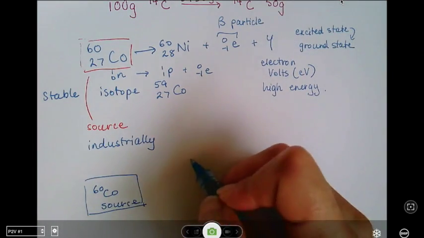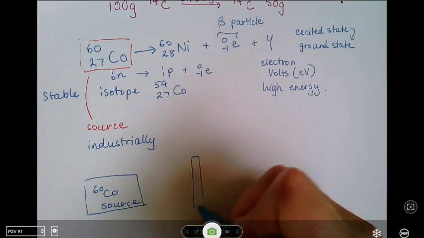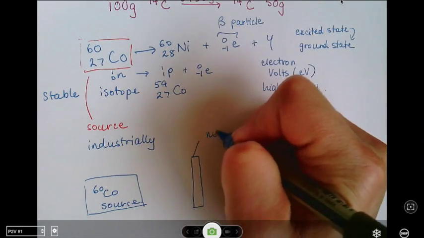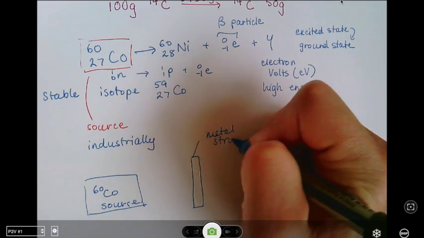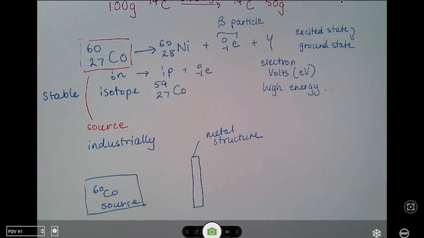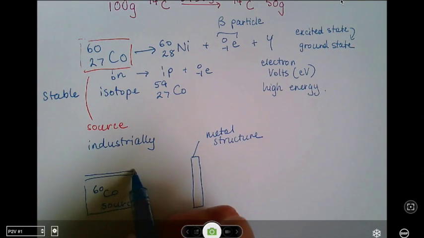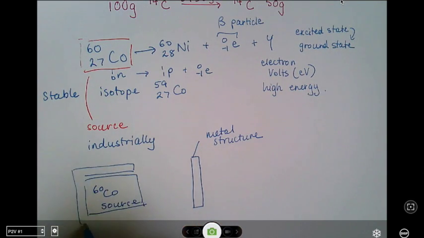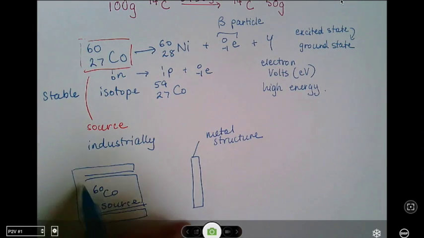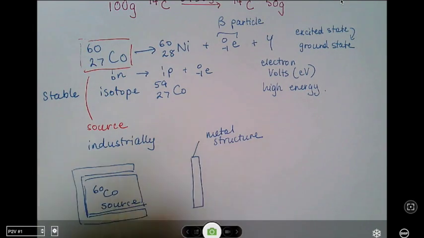So let's say we've got some form of metal structure, okay, and the cobalt-60 source is going to be directed at this metal structure.